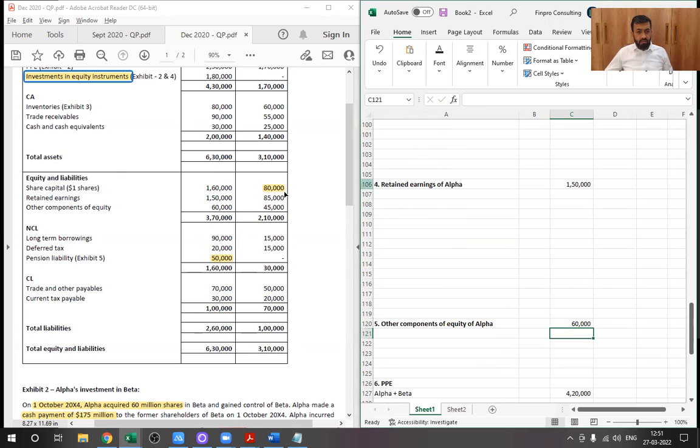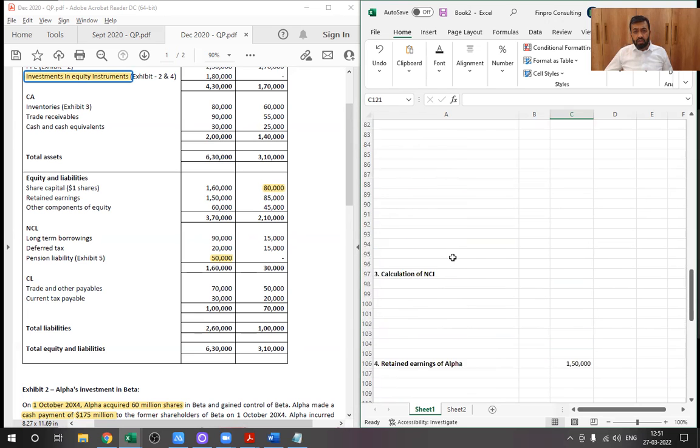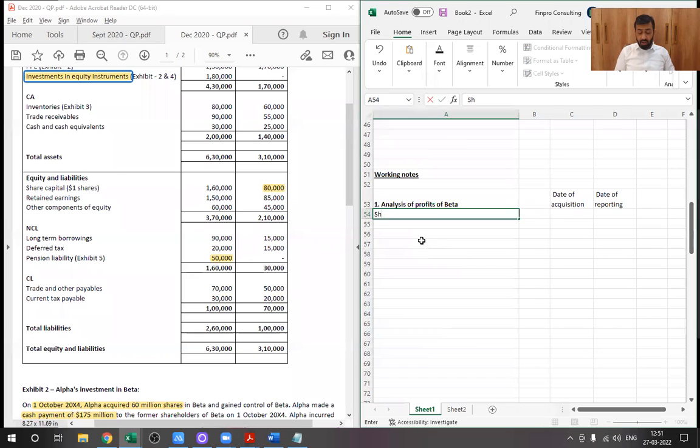Then you have for these beta. So for beta, you have made a first accounting entry. Share capital, a first working note, sorry. First working note, share capital. As on the date of reporting, share capital is 80,000. Then retained earnings.